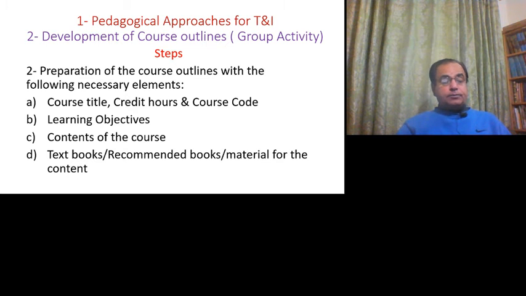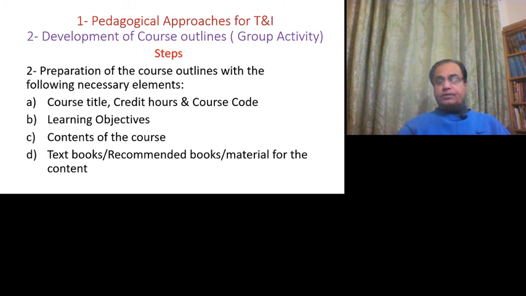D, textbooks. You write down the textbooks that you think are good for teaching this course, or maybe some recommended books, or maybe some material for the content. When we say material, here we have chapters from the books, complete books, or we can also take some of the articles from different sources.